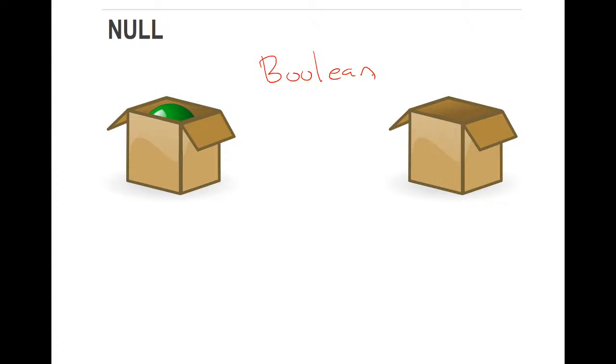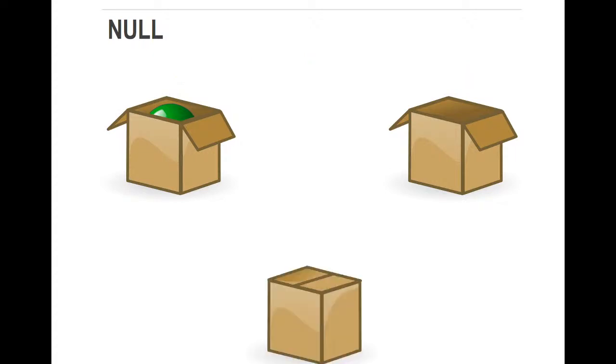So if there is a ball, I call this true. If there is no ball, I call it false. What a null value is, is that I don't even know if there is a ball or not, by having a closed box.